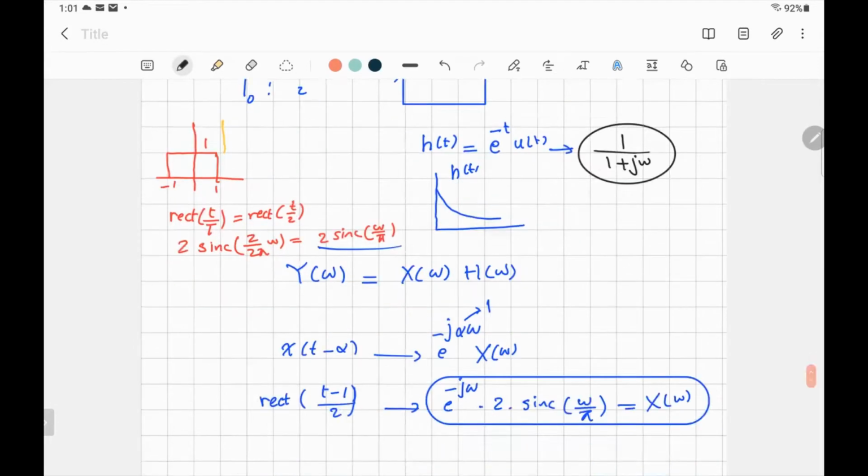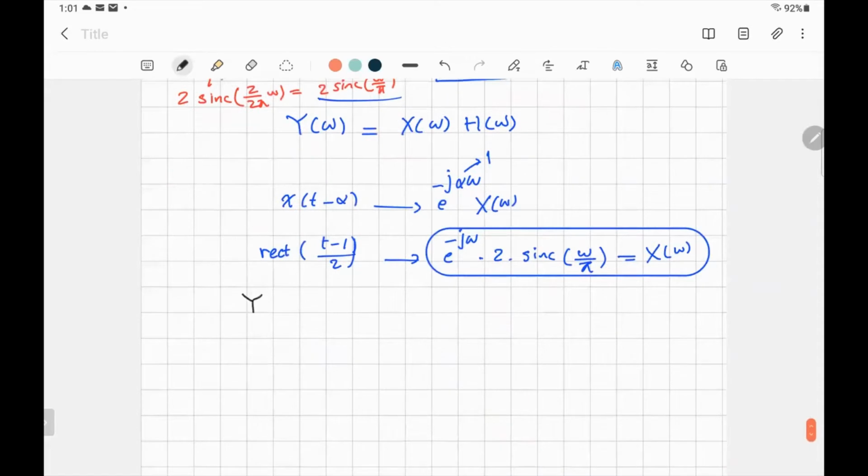So now I want to find the output. The output Y of omega is equal to the multiplication of both. So I have e to the minus j omega times 2 times sinc of omega over pi times H, which is 1 over 1 plus j omega.